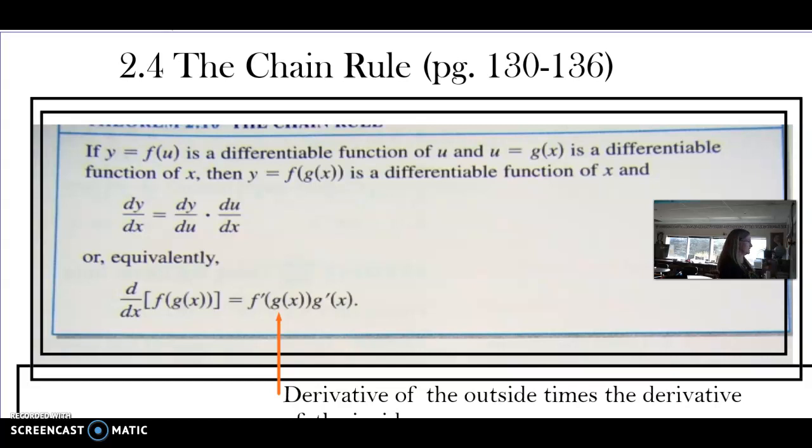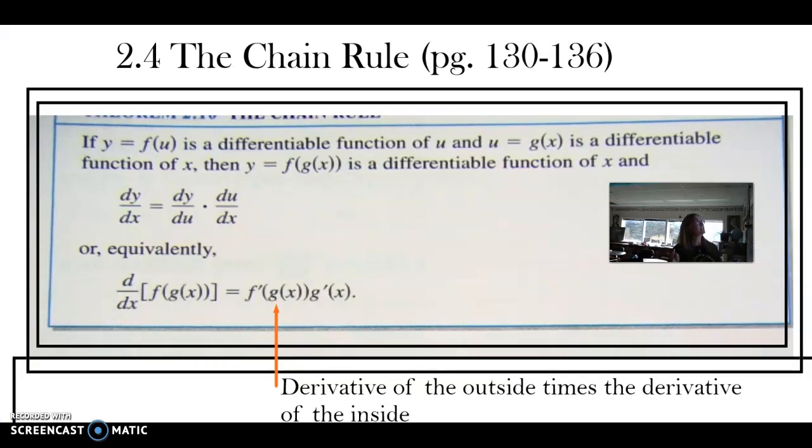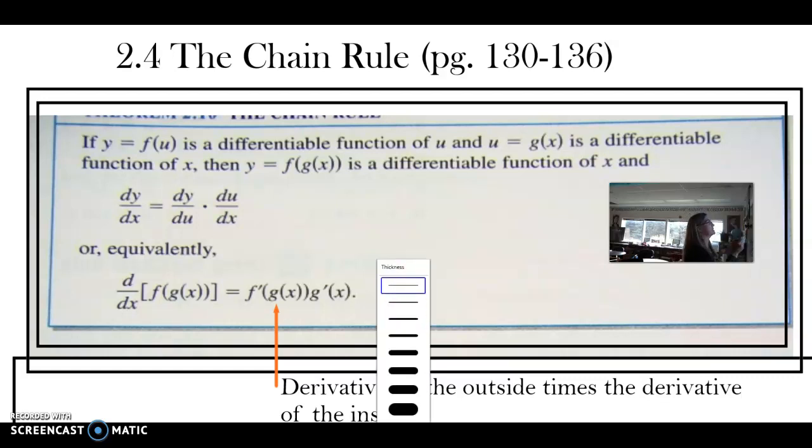What we are going to do right now is I am going to go over some more examples from the chain rule. We started this the other day, and so just to remind you, you're going to use the chain rule when you have composition of functions, so like an inside function and an outside function. So the rule is there's two different types of notation.